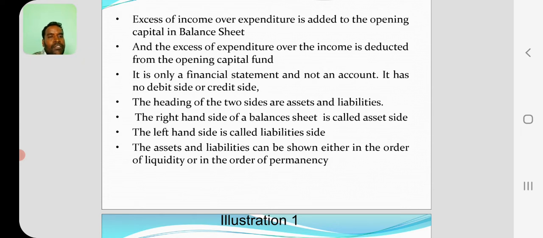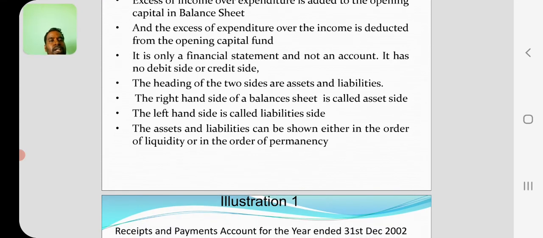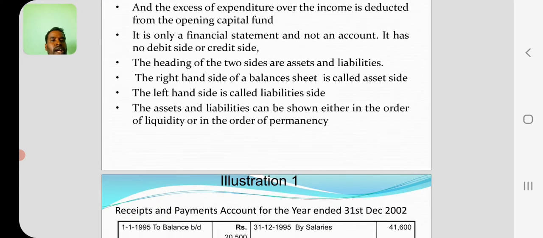It is only a financial statement. Balance sheet is a financial statement and not an account. It has no debit or credit side. The heading is balance sheet, with two sides, assets and liabilities.